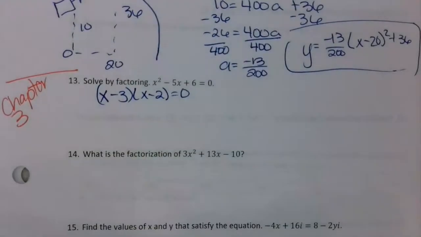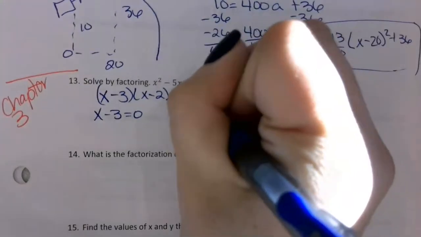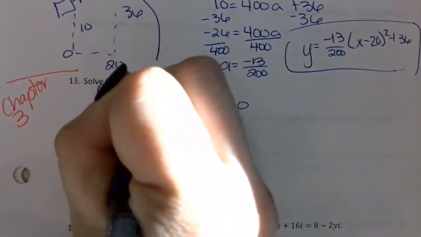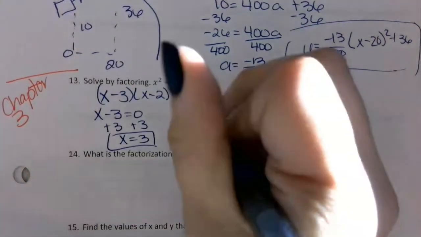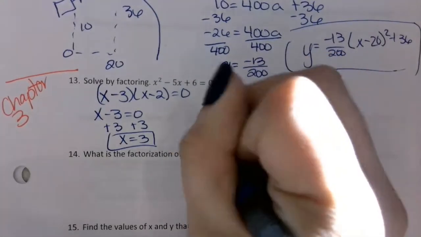Then I have it set equal to 0. I want to take my pieces and set those individually equal to 0. So I have x minus 3 equals 0 and x minus 2 equals 0. On the first one I add 3 to both sides. I get x equals 3. On the second one I add 2 to both sides and I get x equals 2.